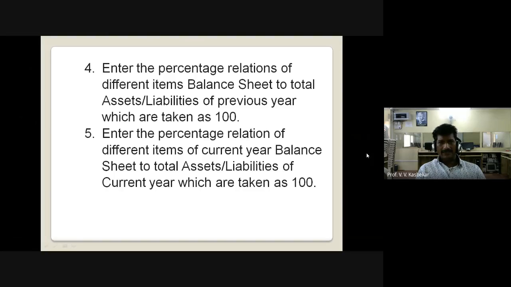Enter the percentage relations of different items of balance sheet to total assets of previous year, which are taken as 100. And the last one, enter the percentage relation of different items of current year balance sheet to total assets or liabilities of current year, which are taken as 100.